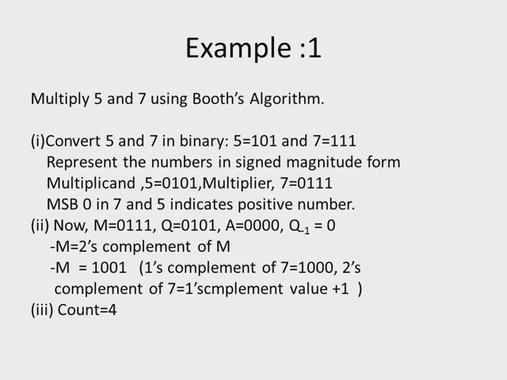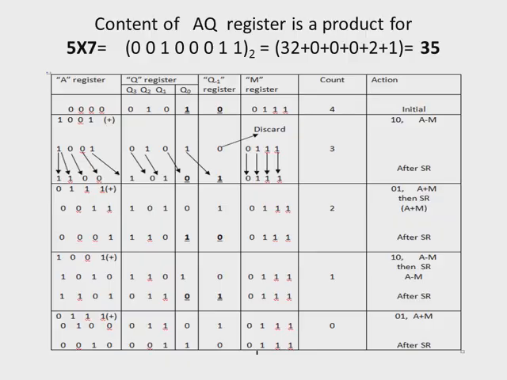Therefore, minus M equal to 1 0 0 1 is the 2's complement of M equal to 0 1 1 1. For count value, the number of bits in the multiplicand and multiplier is 4, therefore count equal to 4. Table shows solution of 5 into 7 using Booth's algorithm.